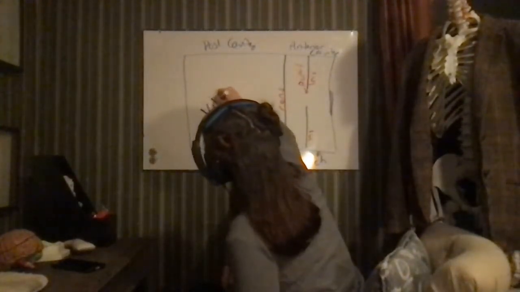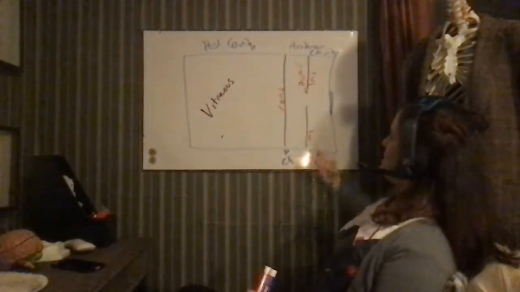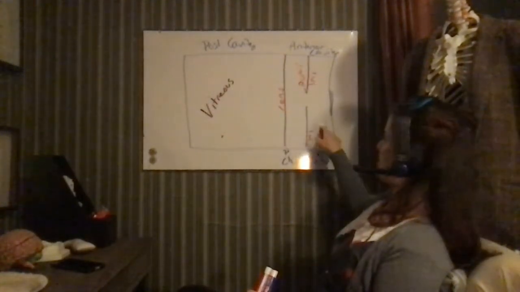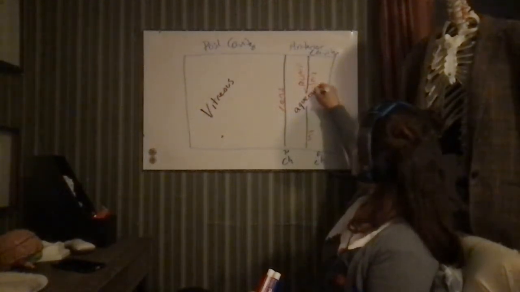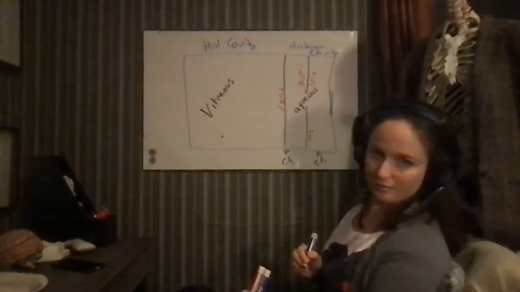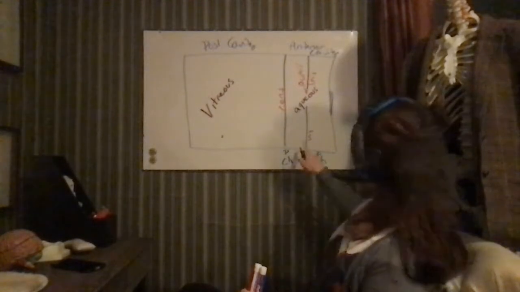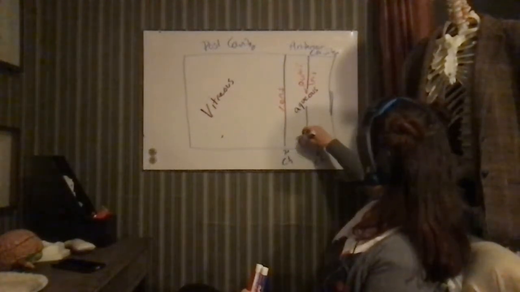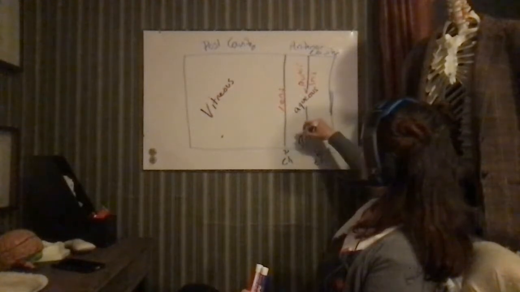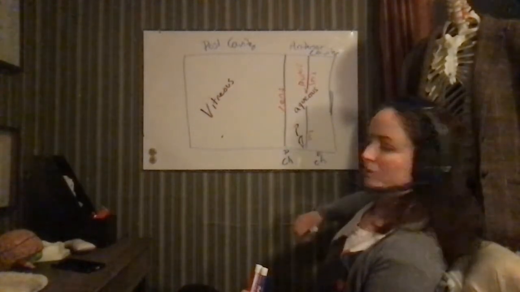Now, back in the posterior cavity, you have vitreous humor. Up here in the anterior cavity, both posterior chamber and anterior chamber, you have aqueous humor. Now remember, here's your iris, here's your lens. You've got a ciliary body, and that's going to be synthesizing that aqueous humor.